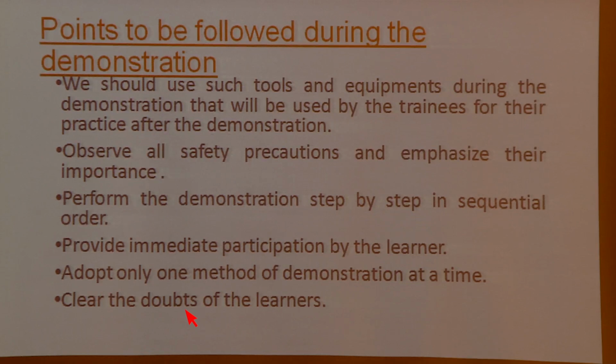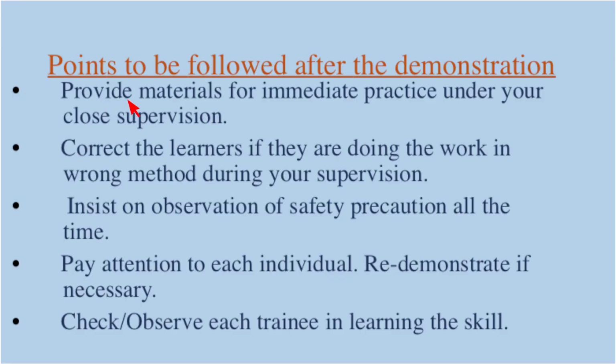Clear the doubts of the learners. If learners have doubts, we have to clear them properly. Provide materials for immediate practice under your close supervision. Correct the learners if they are doing the work in the wrong method during your supervision. Insist on observation of safety precautions all the time.